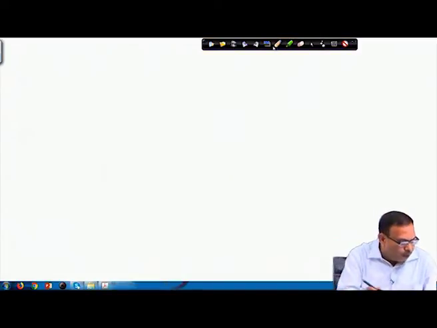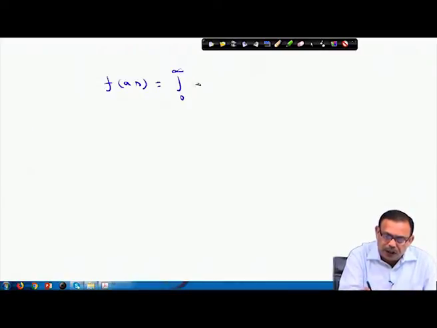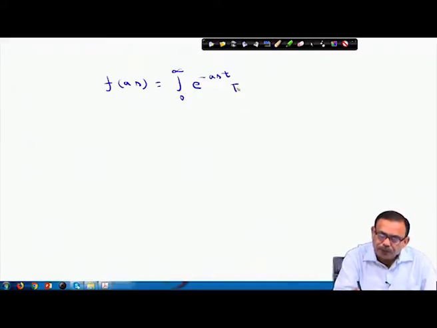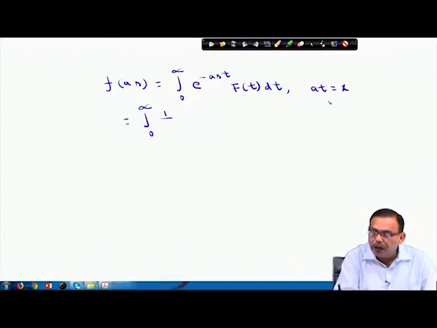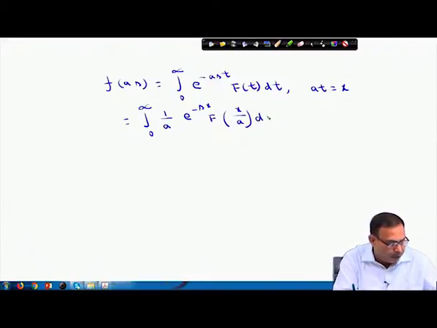For the proof, F(a s) is nothing but the integral from 0 to infinity, since it is a s there, of e to the power minus a s t into f(t) dt. On this, if you substitute a t equals x, this will become the integral from 0 to infinity, with 1 by a coming out, of e to the power minus s x into f(x by a) dx.